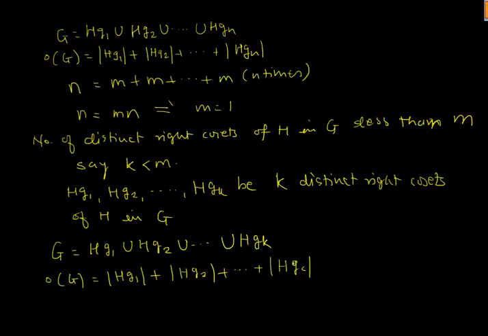We know that each right coset contains m elements, and the order of G is equal to n. So this is m plus m plus m. These are the k cosets, therefore it is k times. So m added k times, therefore we get n is equal to m into k. And therefore n divided by m is equal to k.